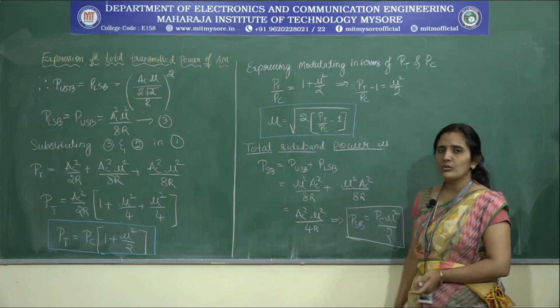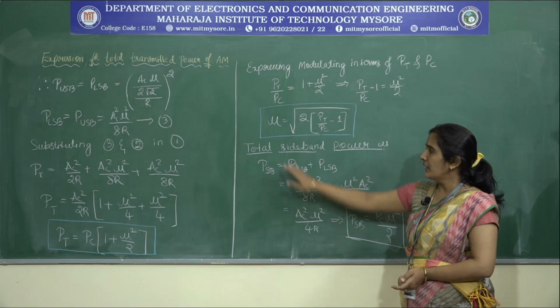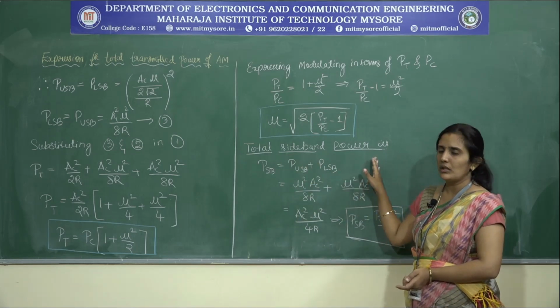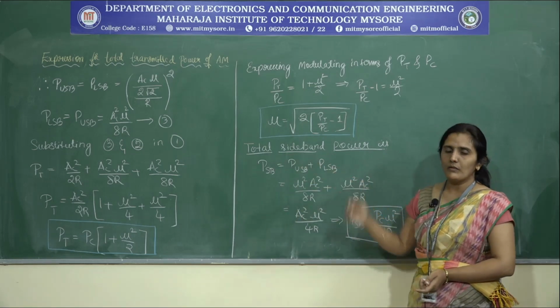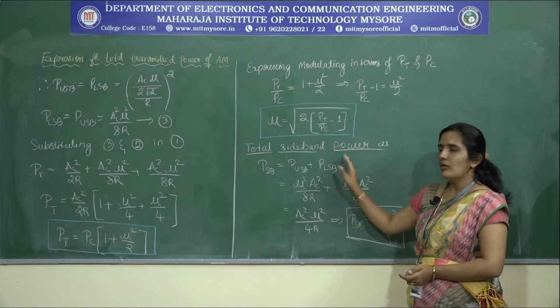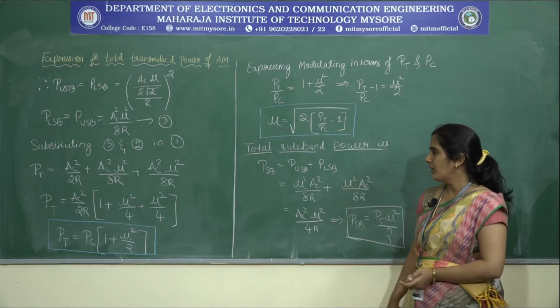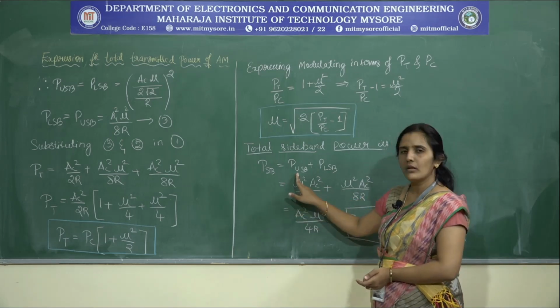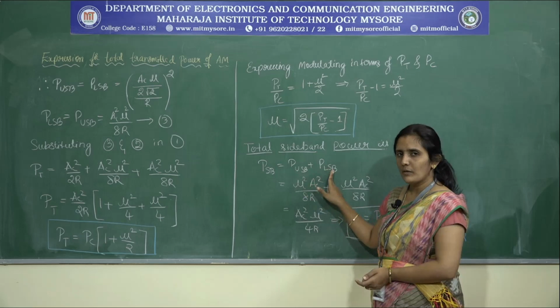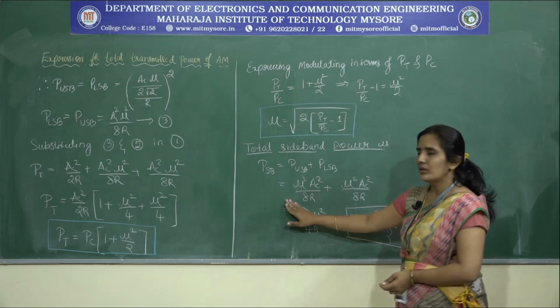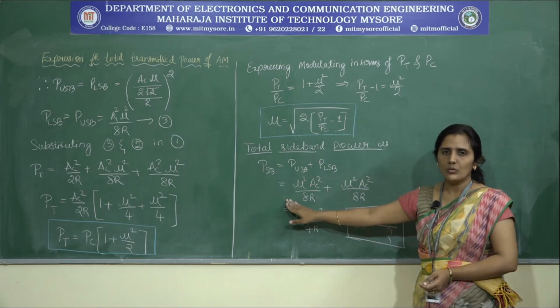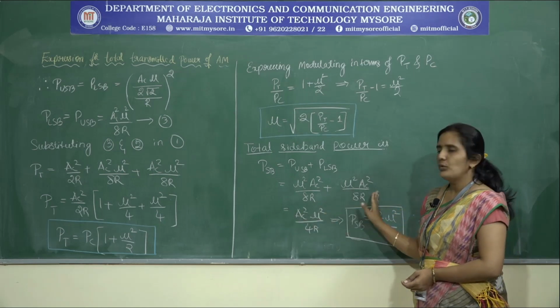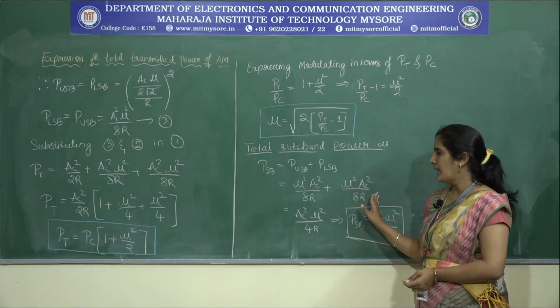Now we are going to see the total sideband power. Till now we have studied the total power, and now we will see total sideband power. Let us consider total sideband power is equal to power of upper sideband plus power of lower sideband. So we know the equation mu square into Ac square divided by 8R plus mu square into Ac square divided by 8R.